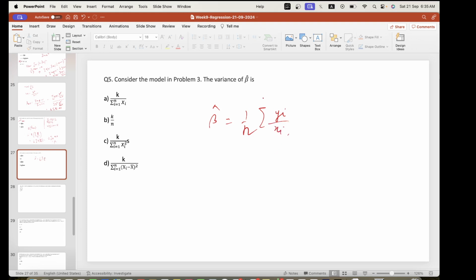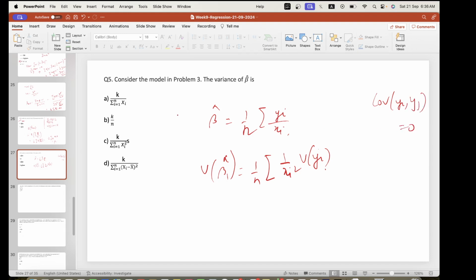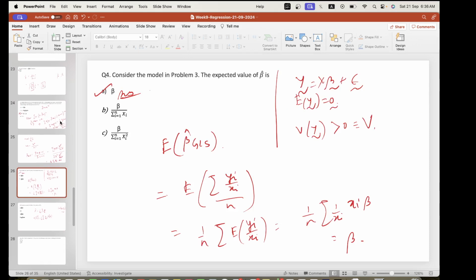So now we just have to find the variance of beta 1 hat, and that would be 1 by n into summation 1 by xi square variance of yi. There will be no covariance term. Covariance of yi yj equals 0, because here it is mentioned in that way.